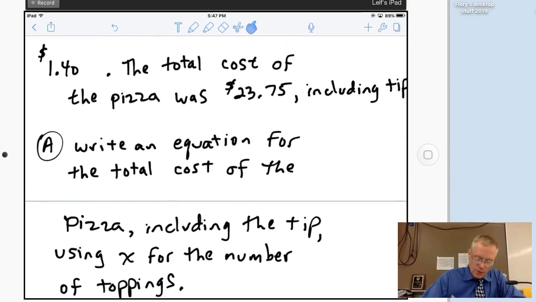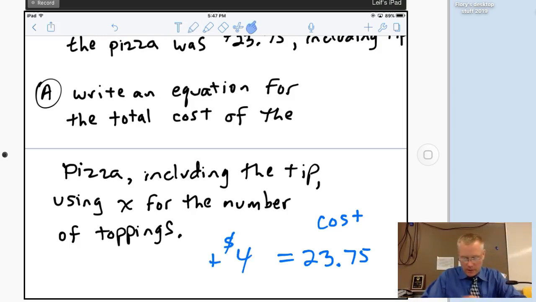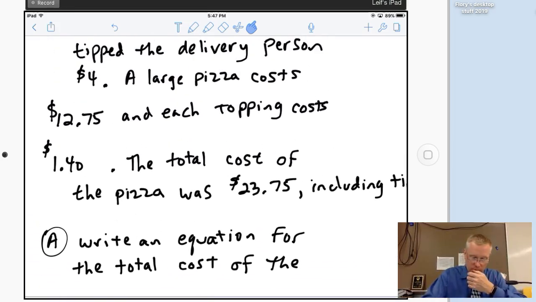Okay, so the whole thing was $23.75. Let me start there. Okay, this is the total cost. Now I tipped the driver $4. I'll put that over here. The pizza was $12.75.